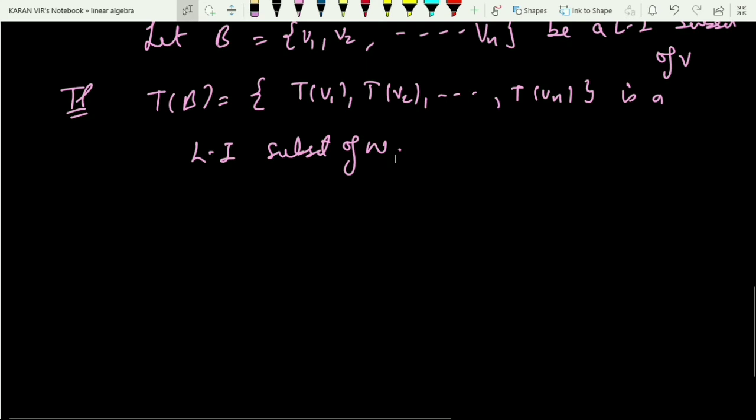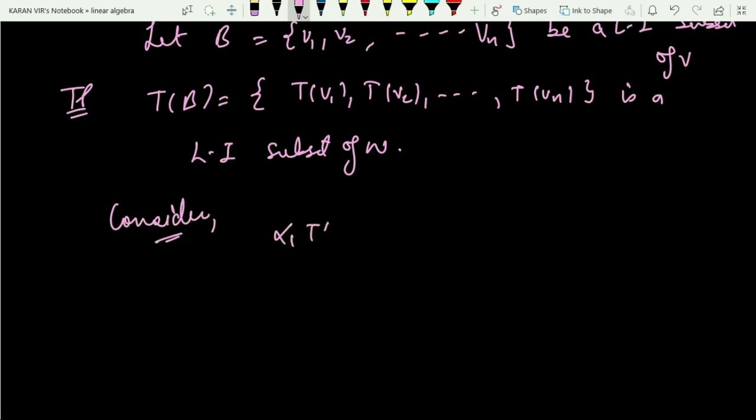Whenever you have to prove something to be linearly independent, what do you do? I will consider the linear combination. So consider alpha 1 T of V1 plus alpha 2 T of V2 up till so on to alpha n T of Vn equals 0, where alpha are the scalars.